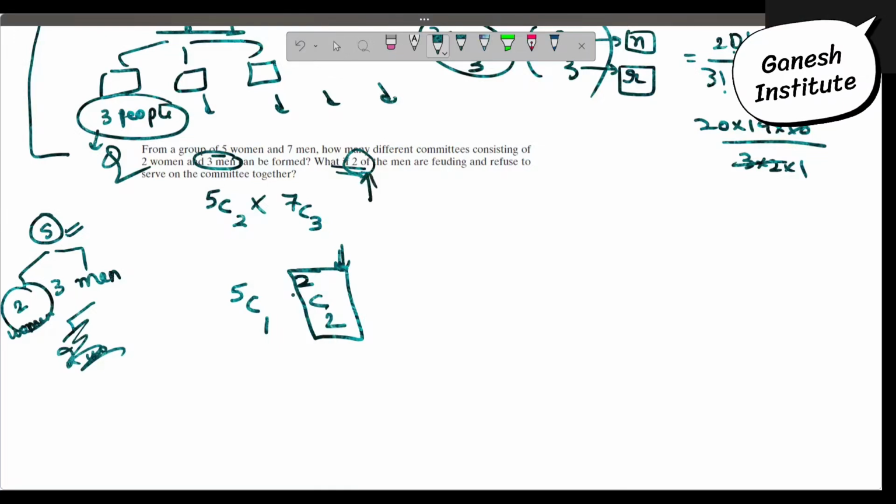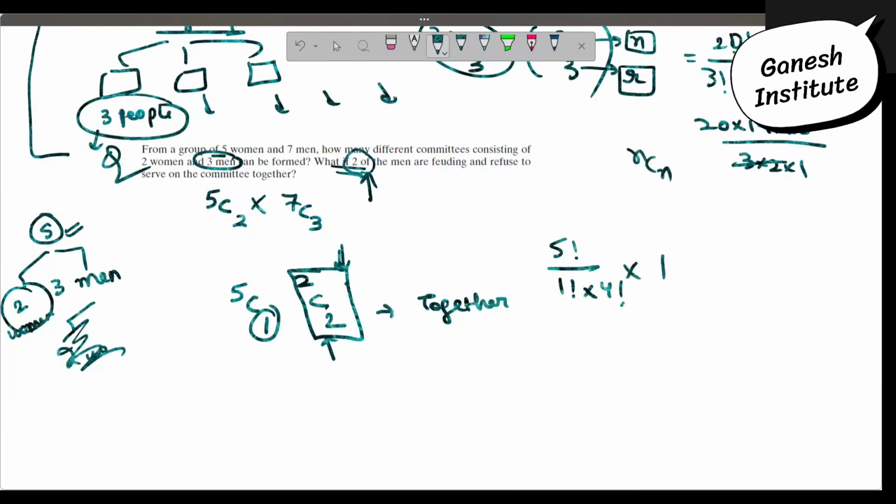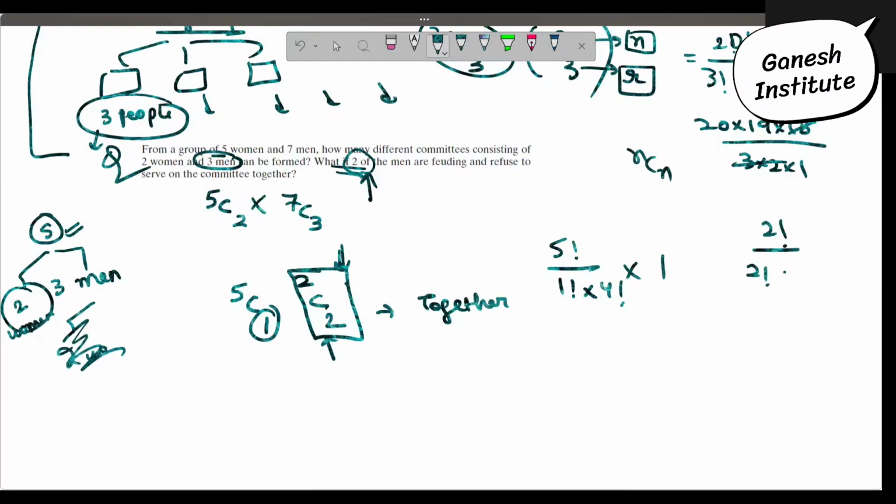But then those 2 people are grouped together and considered as one entity. So that means 5 factorial over 1 factorial times 5 minus 1 factorial, and 2C2. Whenever it is NCN, it will be 1 only. So I have 5 ways.